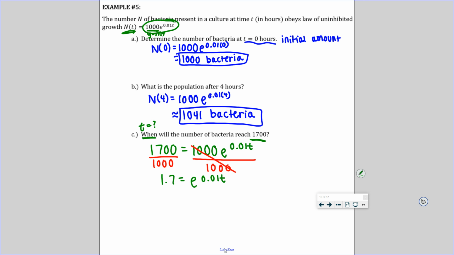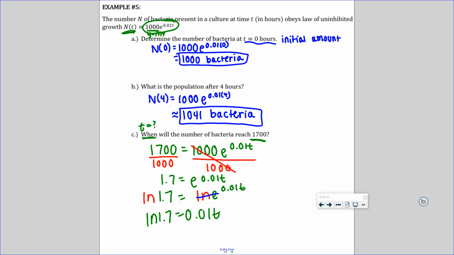Now in exponential equations, to undo a base of e, we would use log base e, which is natural log, of both sides. That would undo that base of e. So the natural log of 1.7, which I'll figure out in a second, equals 0.01 times my time.